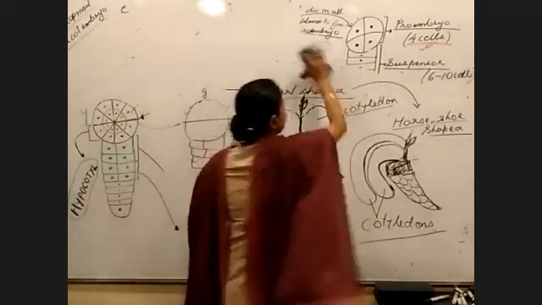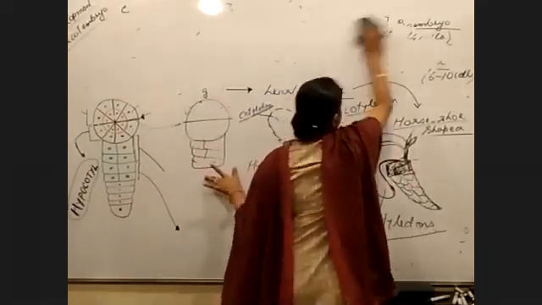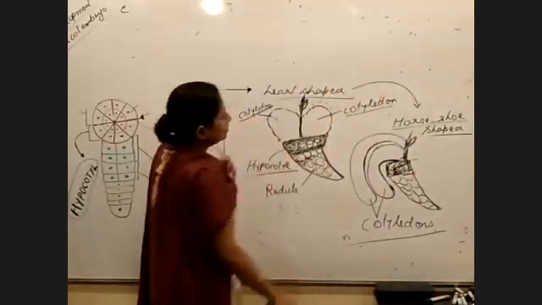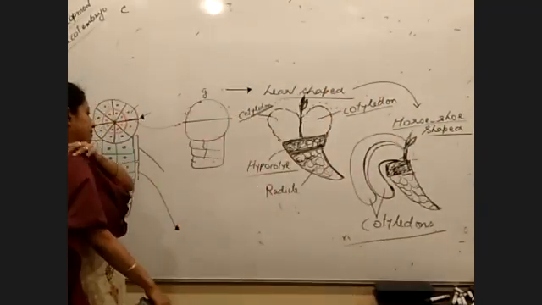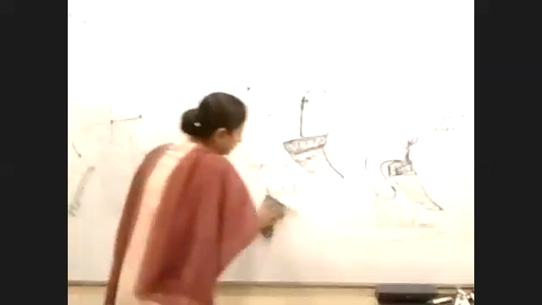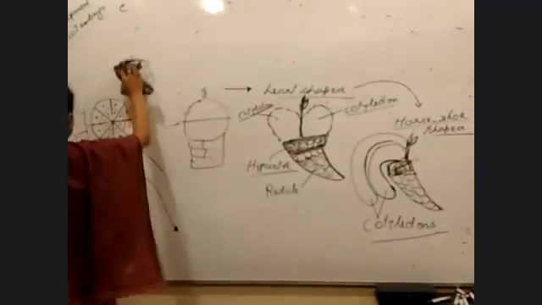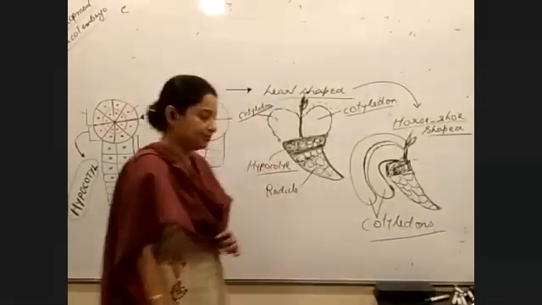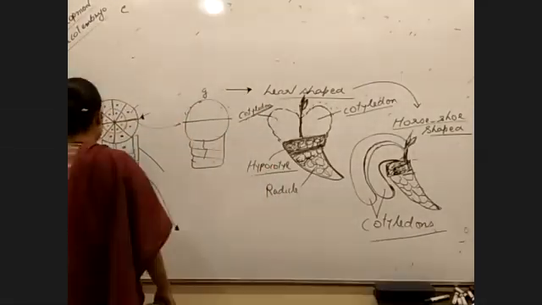So remember these stages: from globular, ultimately after it becomes horseshoe-shaped, only then can we use the word embryo. Any questions from your part? Can I rub the board now? Yes, ma'am.